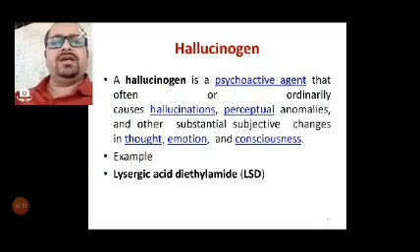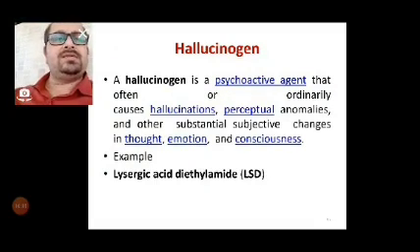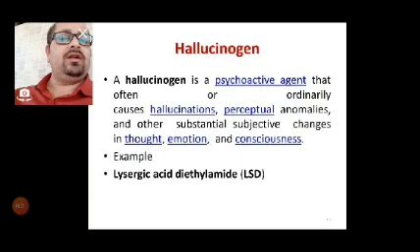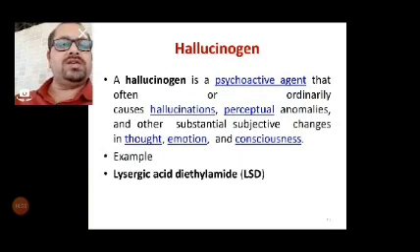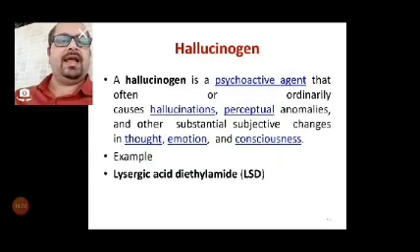The next class of CNS stimulants or analeptics are hallucinogens. A hallucinogen is a psychoactive agent that ordinarily causes hallucination, perceptual anomalies, and other substantial subjective changes in thought, emotion, and consciousness. A very nice example of a hallucinogen is LSD.